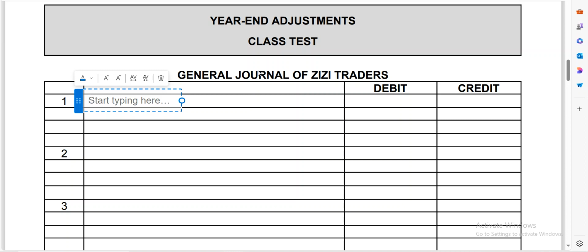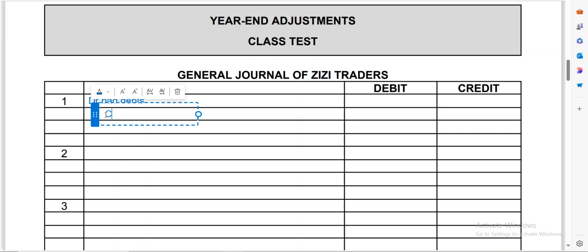And these are the most common transactions that you are most likely going to get in your tasks as you do them. Okay, so remember, we said that we're going to debit bad debts, and then we are going to credit the account that we are going to credit. Remember that we are going to credit our debtors control, because debtors control as an asset is decreasing, so hence it has to be credited.